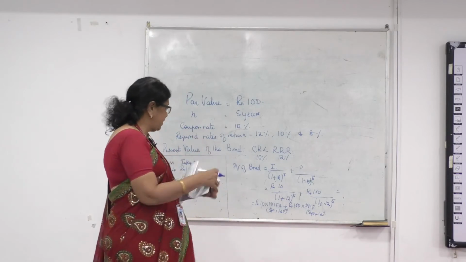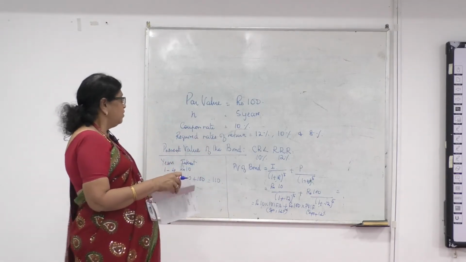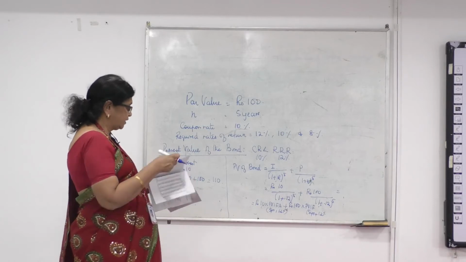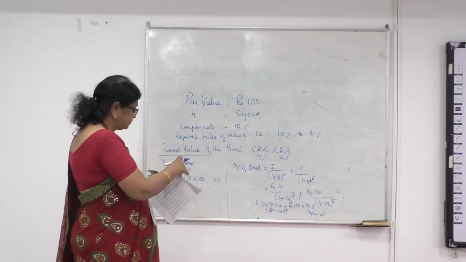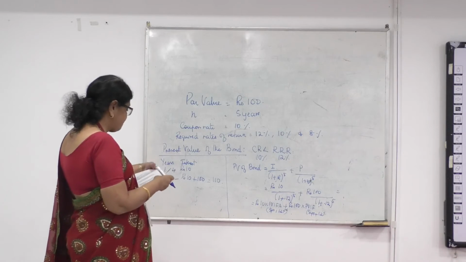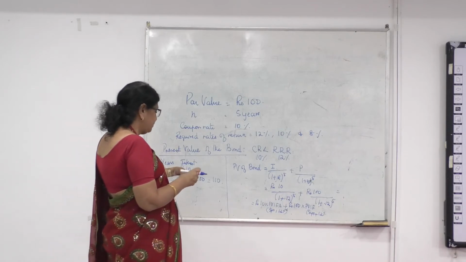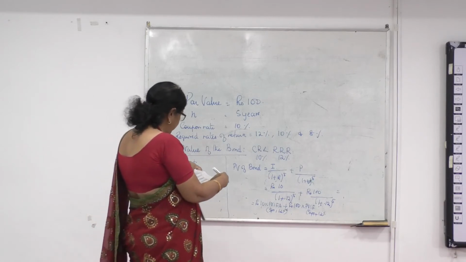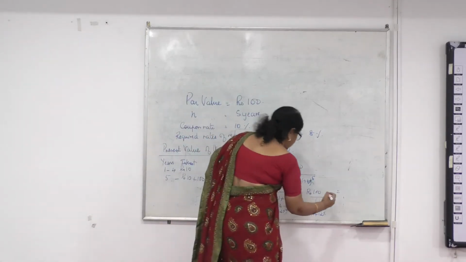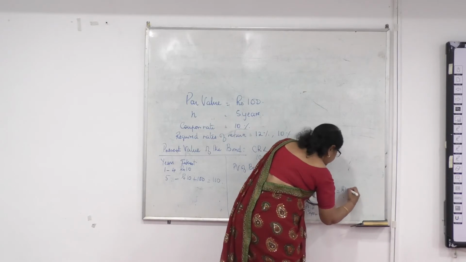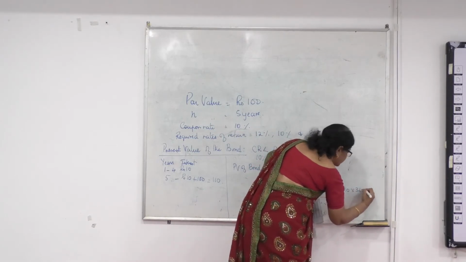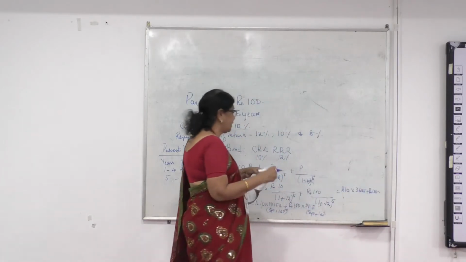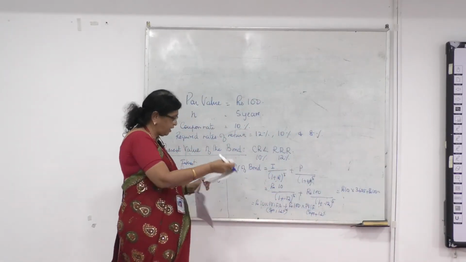The PVIFA table tells me for 5 years at 12%, the discount factor will be 3.605, so that will be rupees 10 into 3.605 plus rupees 100.